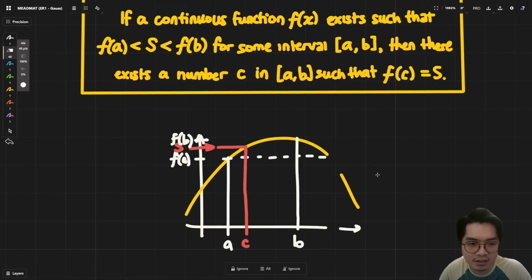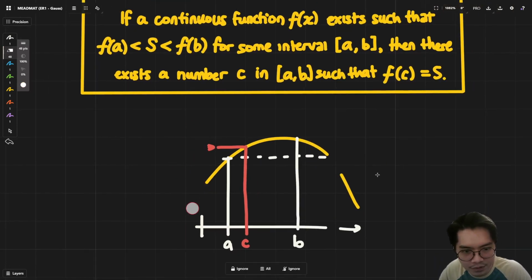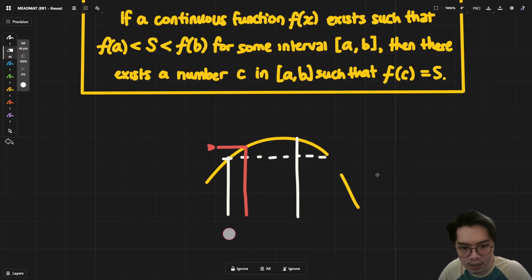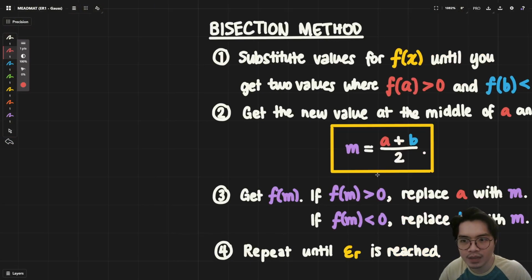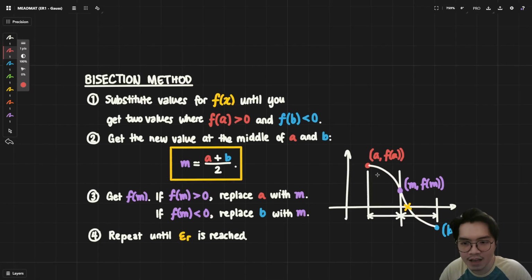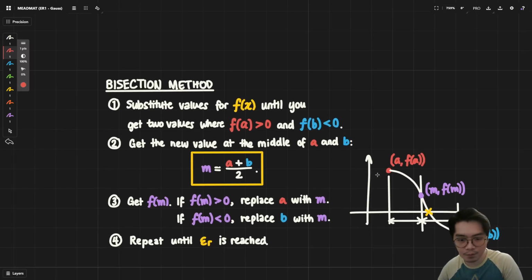Now, why does this work, or rather, why is this the foundation of our bracketing methods right here? Well, bracketing methods, from their name, have a bracket wherein, say for example, you have a lower value and an upper value. Let's call that A and B. What's going to happen is that you for sure know the solution is going to be between A and B. So in this case, the bisection method works like this.